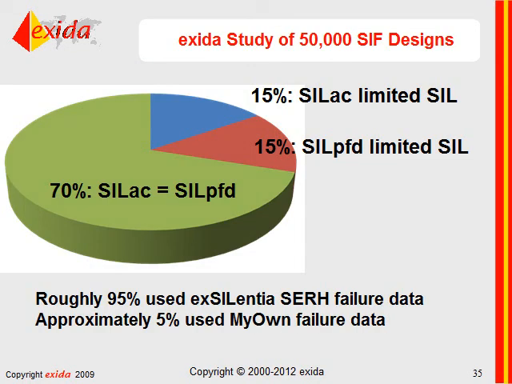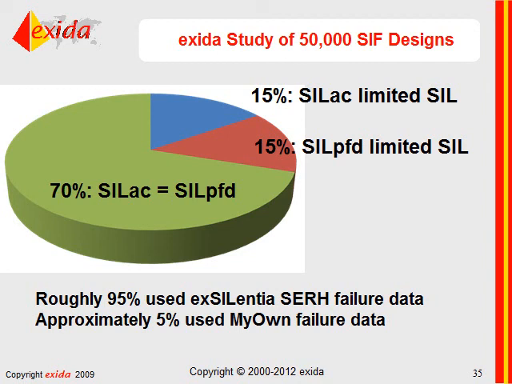To check this out, Exeter did a study of over 50,000 SIF designs in the Exeter database. In 70% of them, the limiting factor from the PFD calculation and the architecture constraints was the same SIL level, indicating architecture constraints were simply not necessary in 70% of the cases.